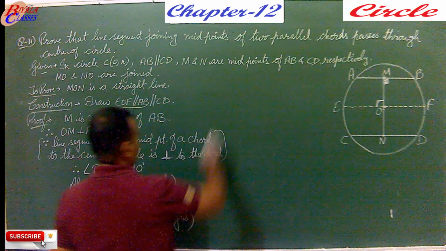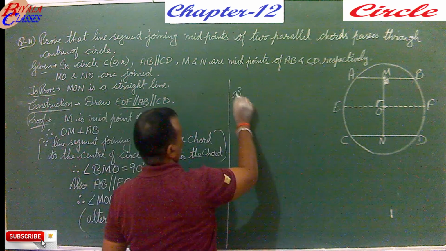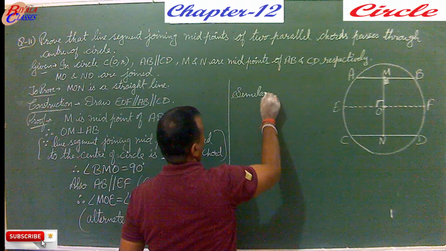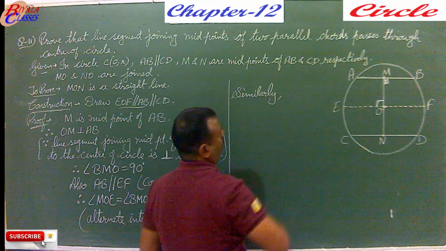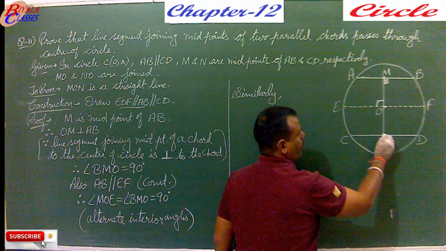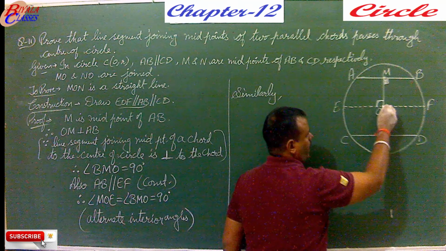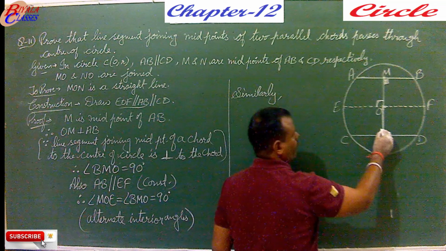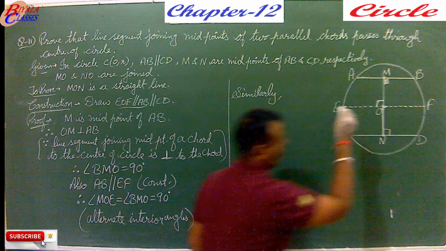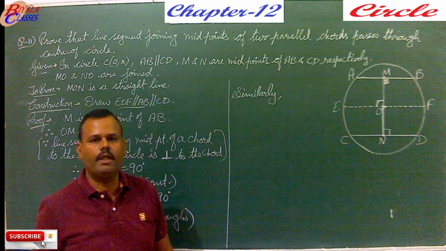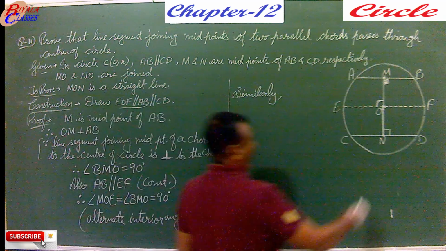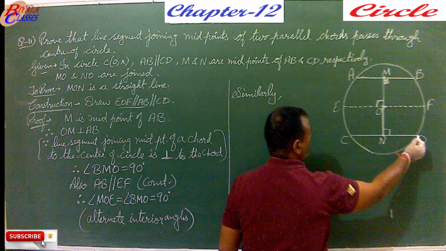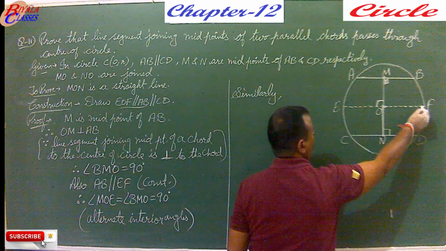Similarly, N is also the midpoint. So any line segment which joins the center to the midpoint is perpendicular to the chord. So again angle OND is 90 degrees, and we also have that CD and EF are parallel.